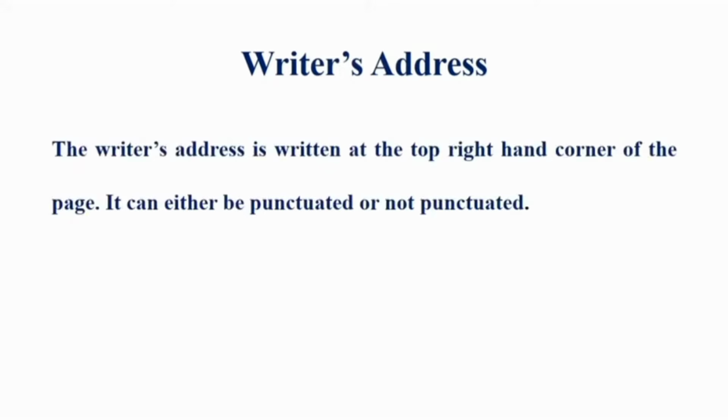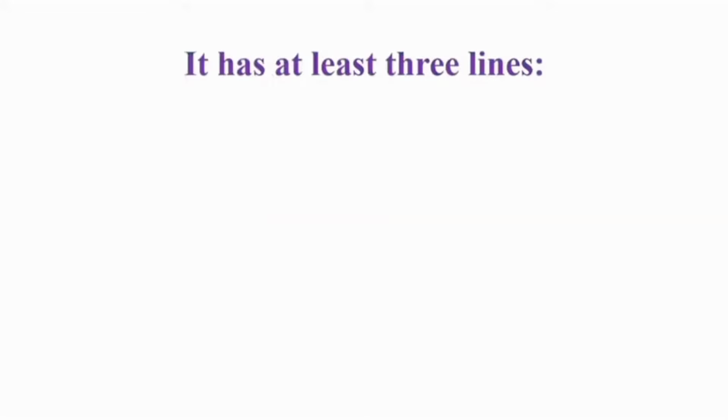The formal letter begins with the writer's address. As the name implies, the writer's address is the address of the person writing the letter. It is written at the top right-hand corner of the page. It can either be punctuated or not punctuated. The writer's address has at least 3 lines.